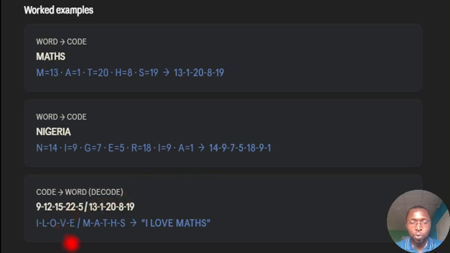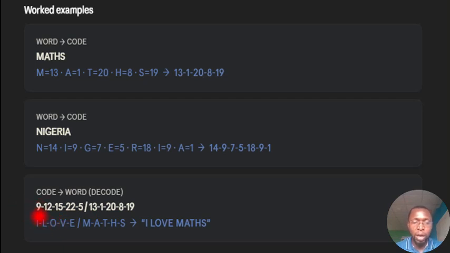The same applies to the third example. In this case it is the reverse case. You're now changing the numbers into a word. So if you have a number like this, 9, 12, 15, 22, 5, slash 13, 1, 20, 8, 19, and you have to decode this, what do you do? Go back to your table.